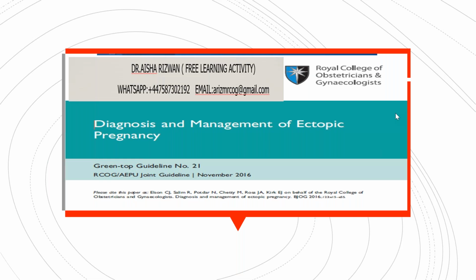If you have to choose between the two, choose the TVS, because with TVS you can see things even when the beta HCG is 1500, and for the abdominal the serum beta HCG should be at least 3000. So start with the TVS, and if you're not sure and you want to look at the fluid, then you can do the transabdominal also.